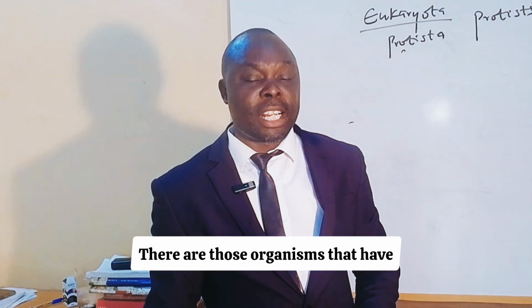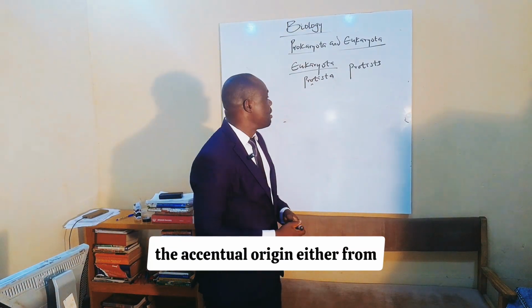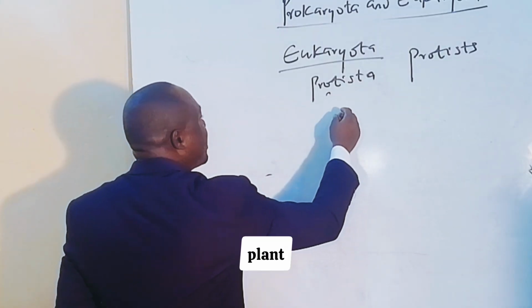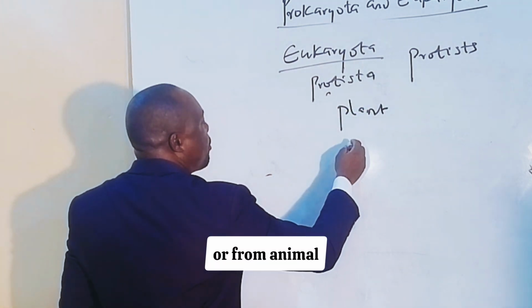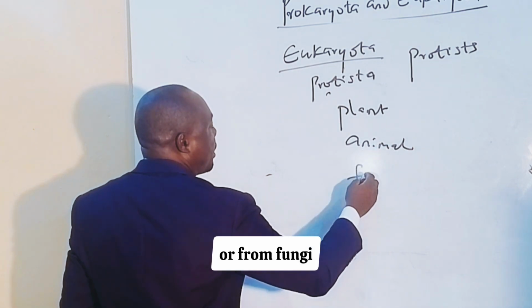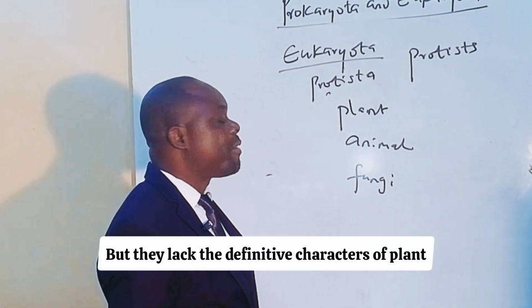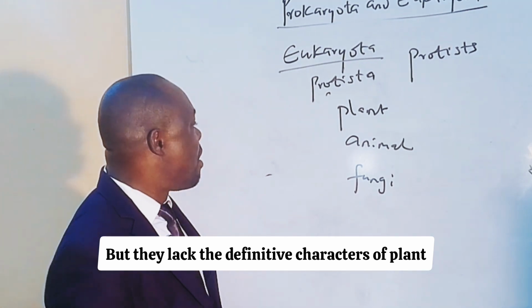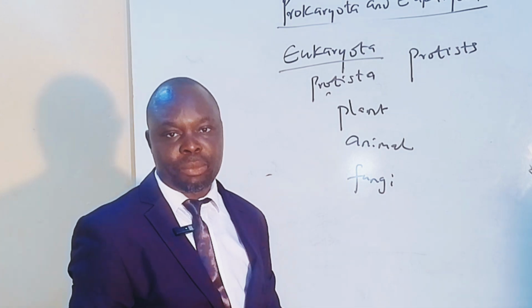There are those organisms that have their ancestral origin either from plants or from animal or from fungi, but they lack the definitive characters of plants, nor animal, nor fungi.